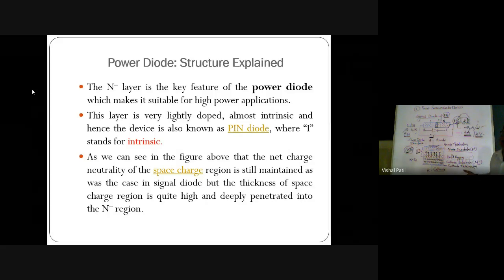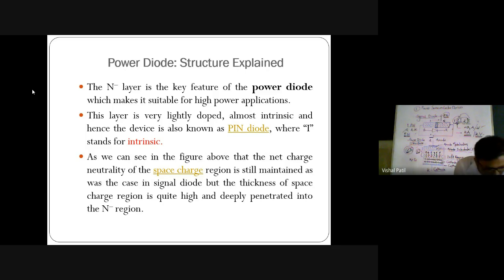Power handling capability is nothing but handling voltage and current, which is very high. What is the reason behind that? The reason is the presence of that drift region. The drift region represents lightly doped cathode substrate N minus.